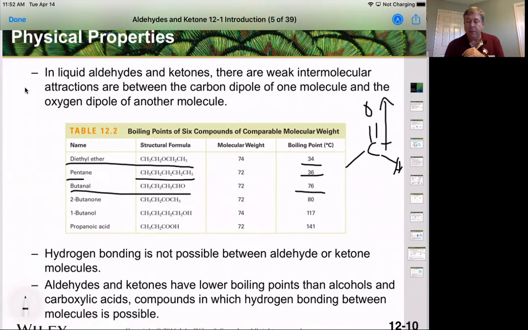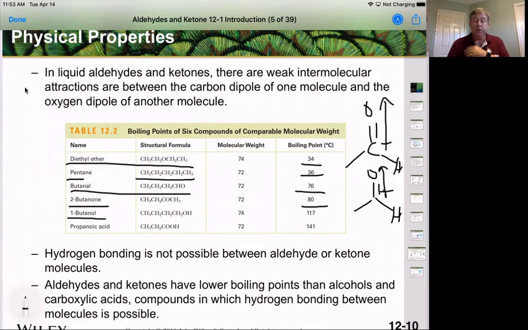And so it can dipole and interact with another one next to it, so that dipole-dipole interaction is giving it that increased boiling point. So we see the same increase when we have ketones, where they have that dipole-dipole interaction to create a higher boiling point.